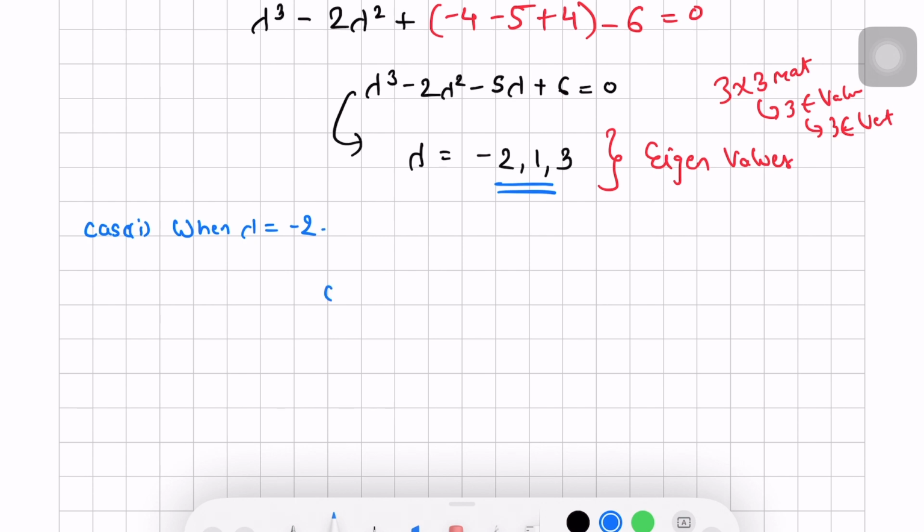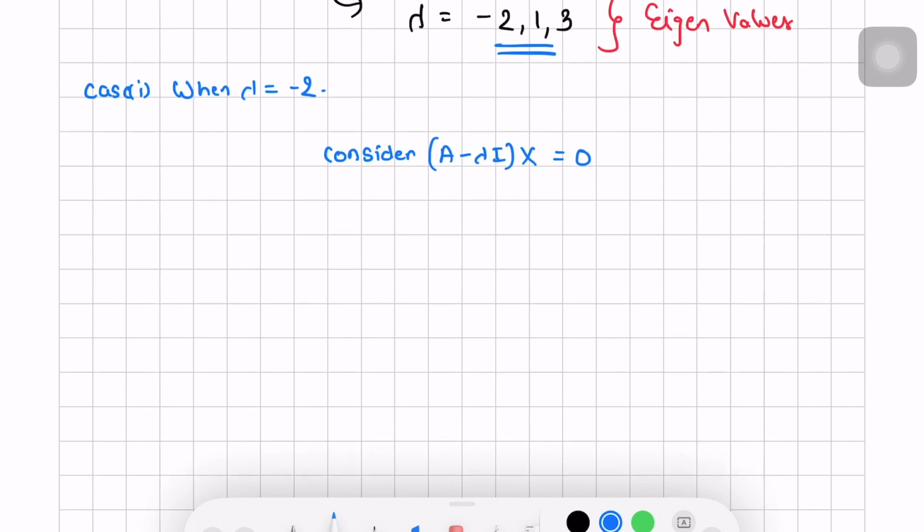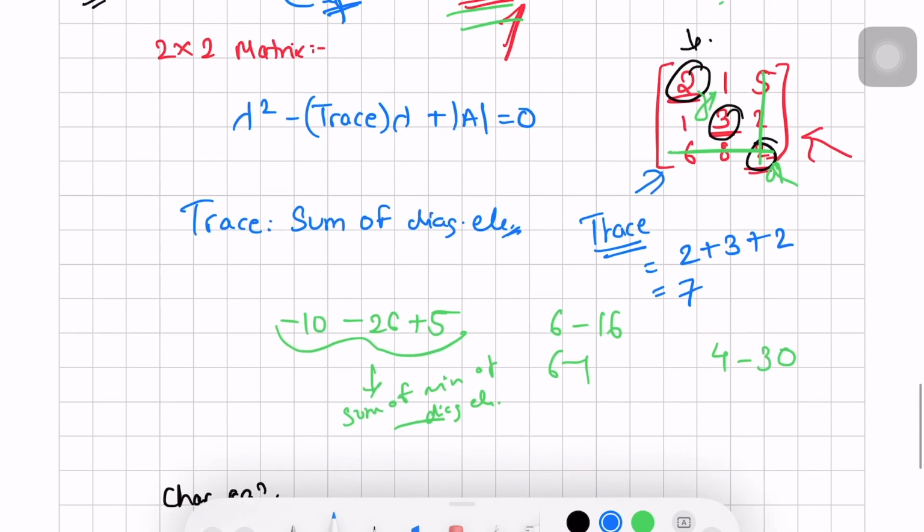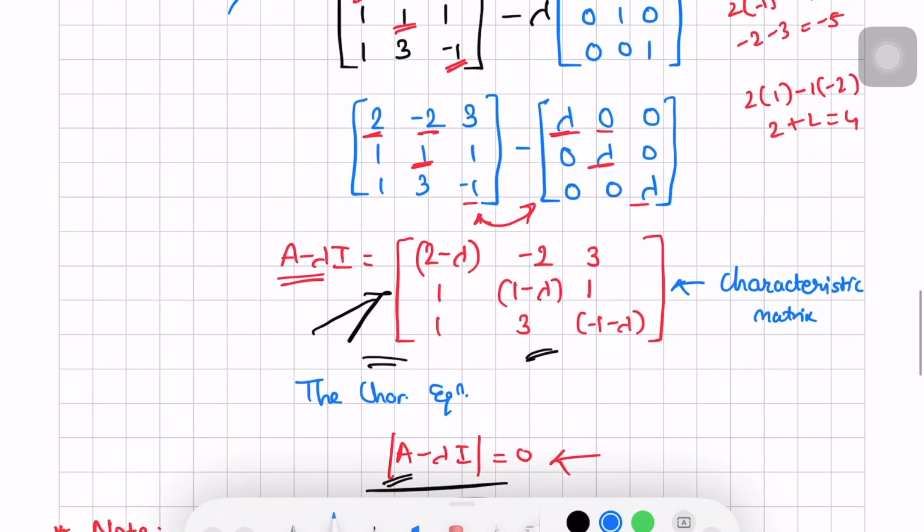We will consider the equation to find out the eigenvectors, which is (A minus lambda I) into x is equal to 0. So we'll just substitute in this A minus lambda I. So A minus lambda I is this equation.